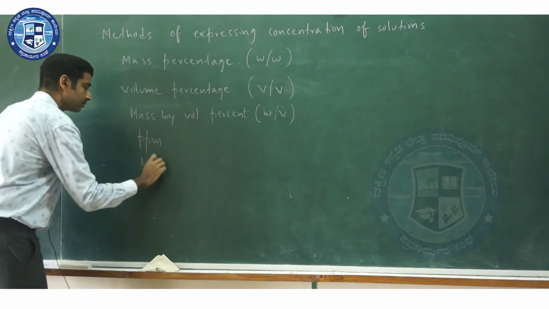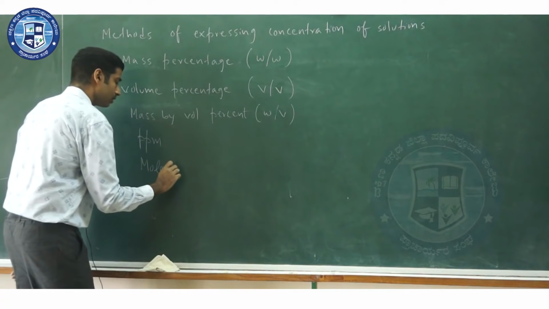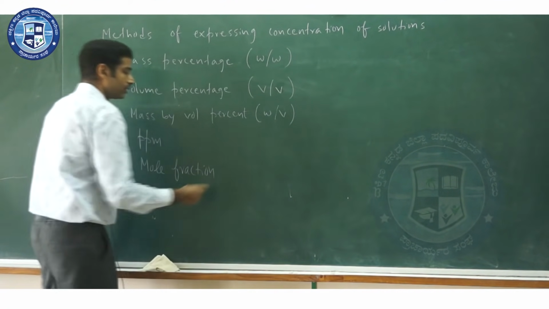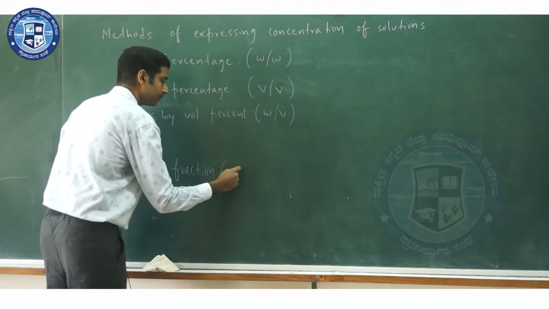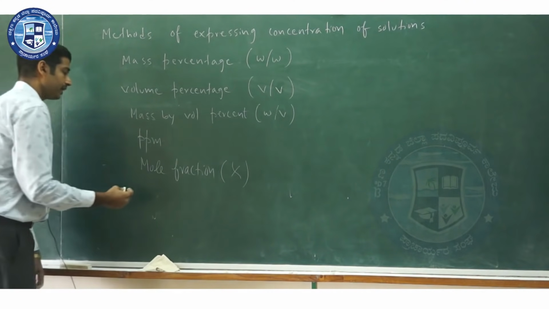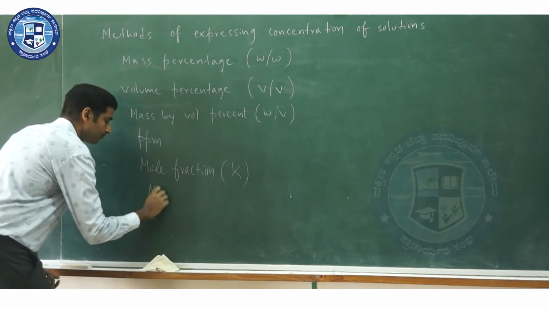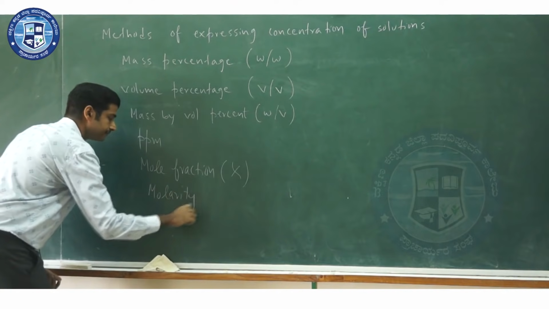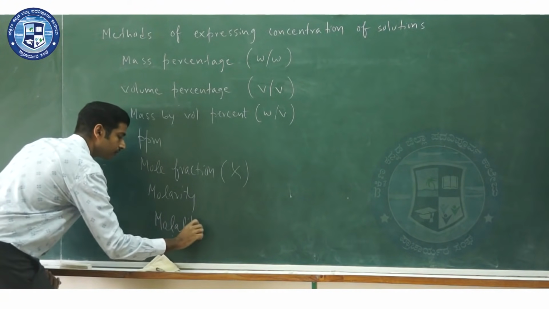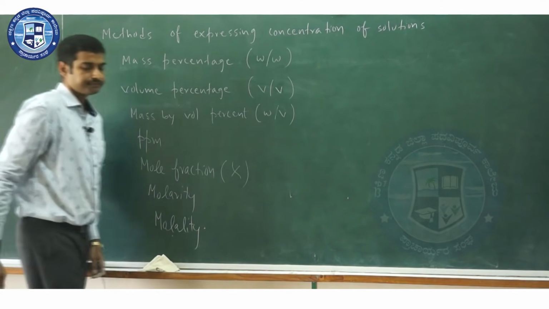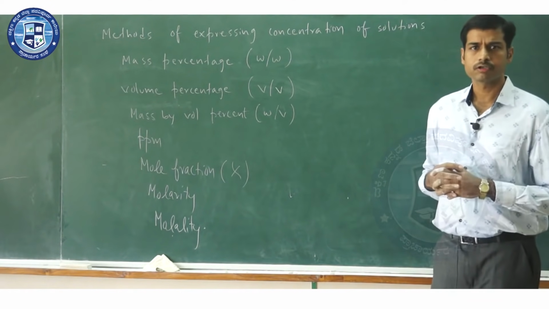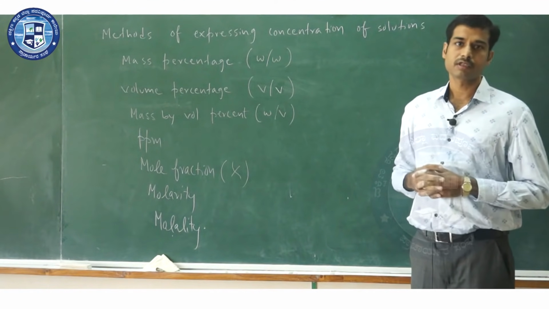The other methods will be mole fraction, symbol will be chi, or you might have molarity and molality.